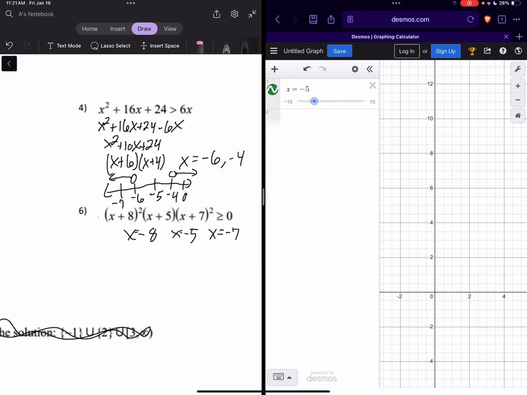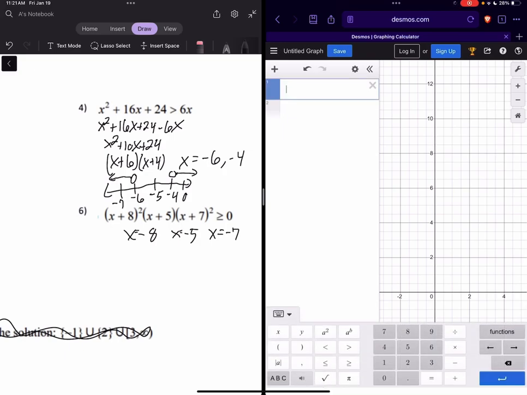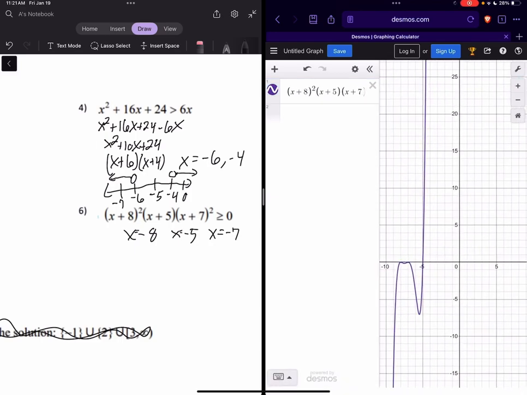Once again, I'm going to type in my equation. Sorry, I'm a little bit slower typing it on my iPad than I am on a computer. Okay, there's my function.